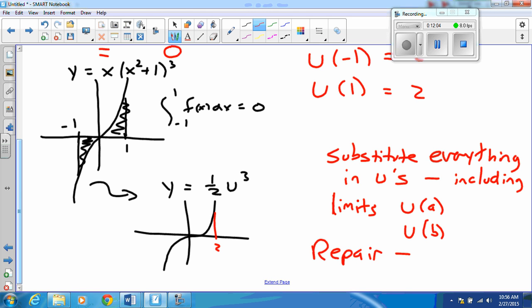Repair is different. Conceptually, it's a little bit simpler. With repair, the integral is never changed into u's, therefore the limits of integration are never changed into u's either. We use the x values because we are doing an integration in terms of x. I hope this is helpful.